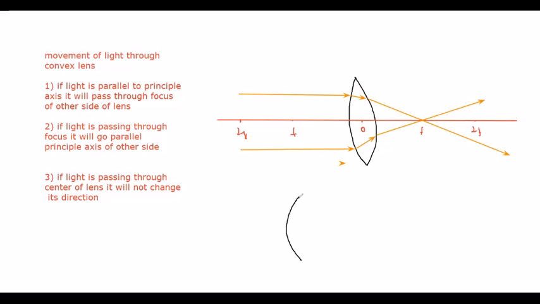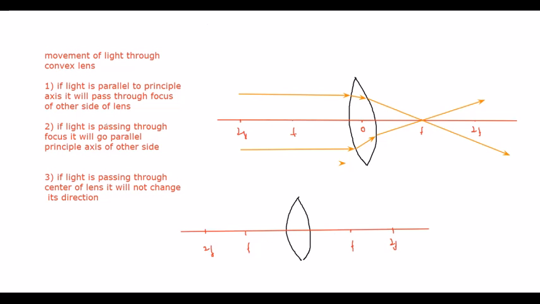And if light is passing through the focus, the second one. This is a convex lens, and the imaginary line which is perpendicular to the surface is called the principal axis. On the principal axis, you will always have a point focus f and 2f, and on the other side as well, f and 2f. So the imaginary line passing through the center is the principal axis.